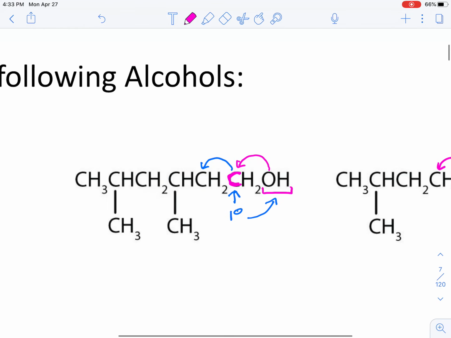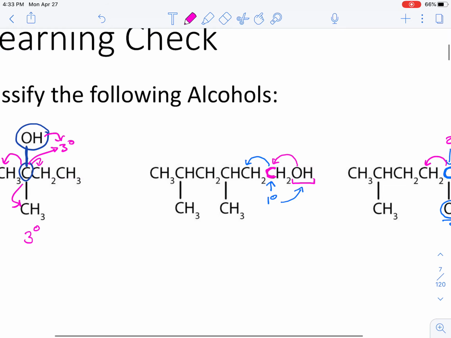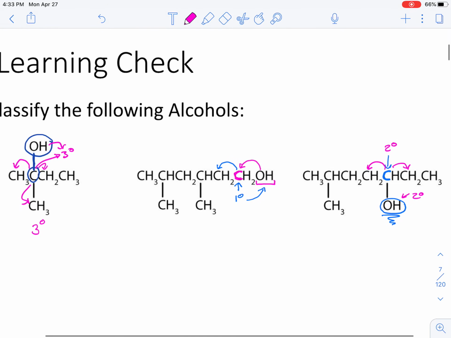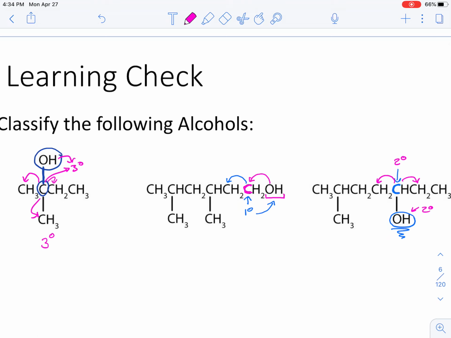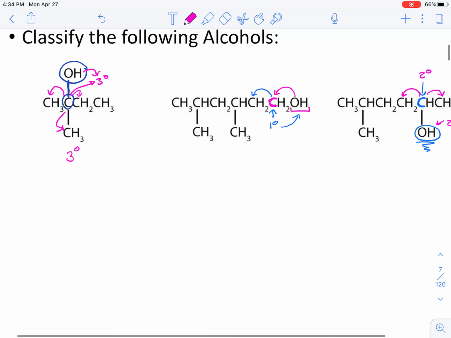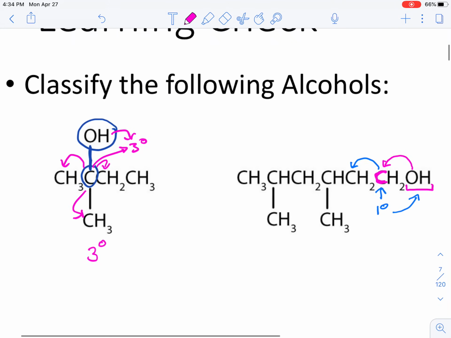Okay, and so hopefully you were able to follow my train of thought in terms of classifying alcohols based on looking at the condensed structure. Sometimes looking at the condensed structure and classifying the alcohol is a bit tough because you have to kind of skip the hydrogens.